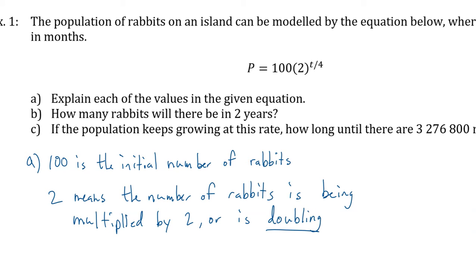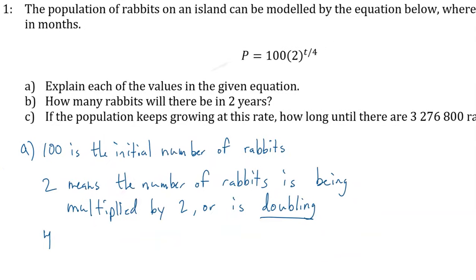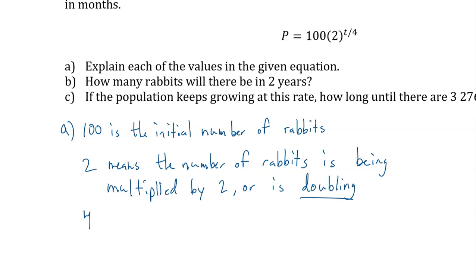Finally, the 4. If we go back up to our explanation up here, 4 is your n. N is how long until the growth or decay happens. So it says t is time in months. That means the 4 is also in months.